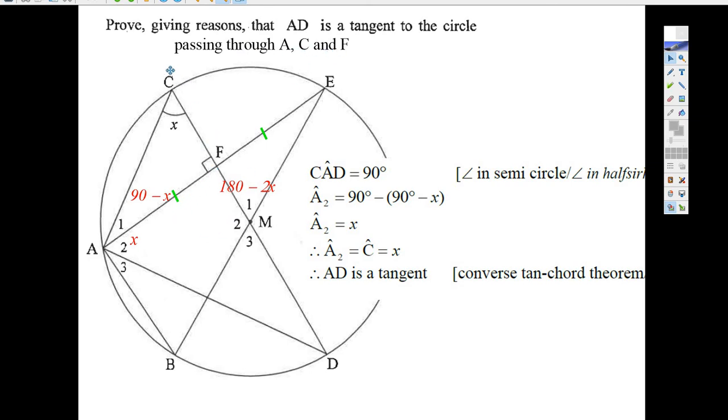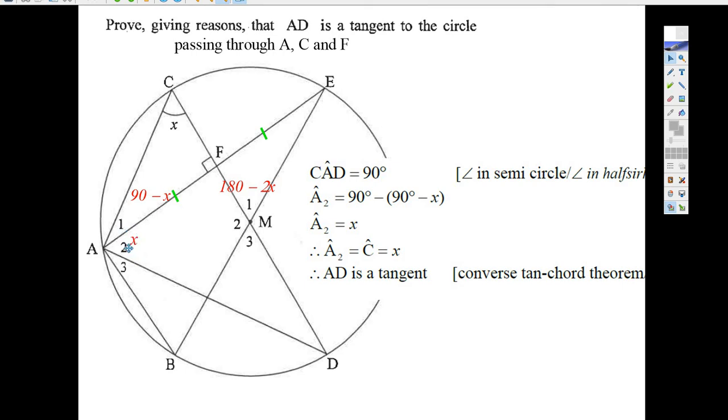I almost would like to make a circle here so you could see this thing. But now that we've got that CAD is 90 degrees, we know that A2 must be X, because we know that's 90 minus X. The only way that can be 90 degrees is for A2 to be X. But A2 equaling C, that's the converse of the tan-chord theorem.